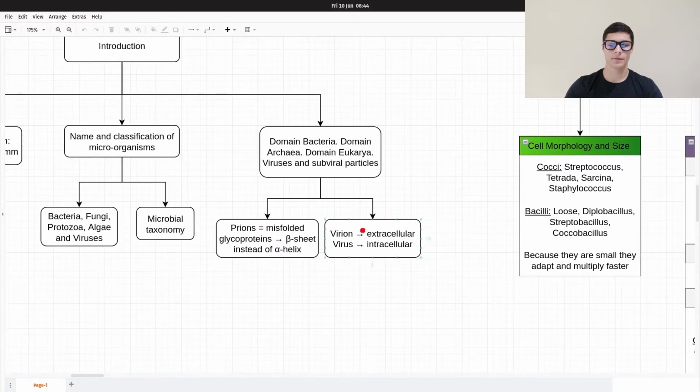And then the virus and the virion. The virion is the extracellular version of the virus, and once it gets inside a cell, for example a bacteria, well, we have the virus.